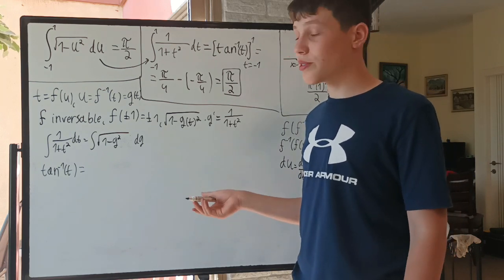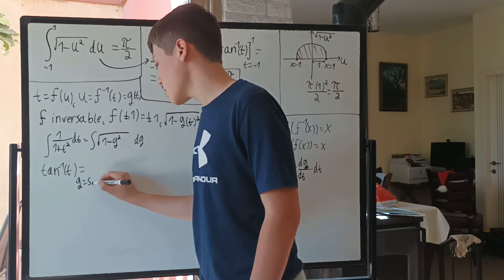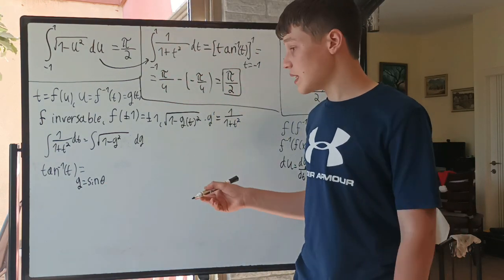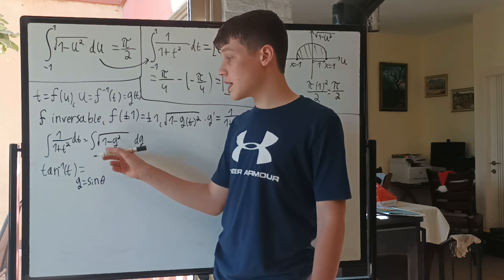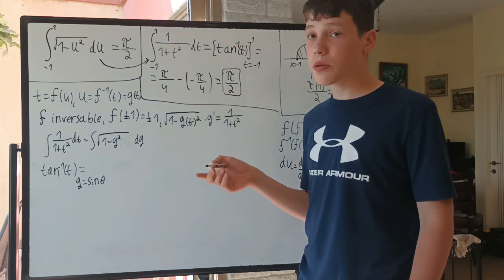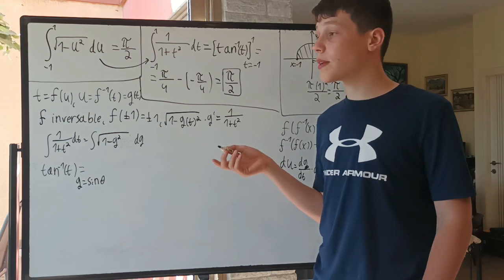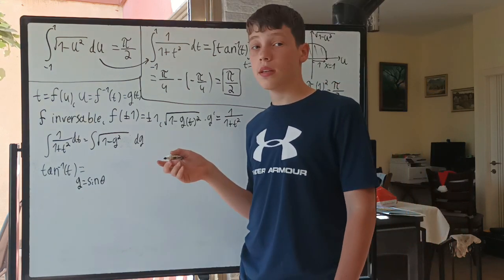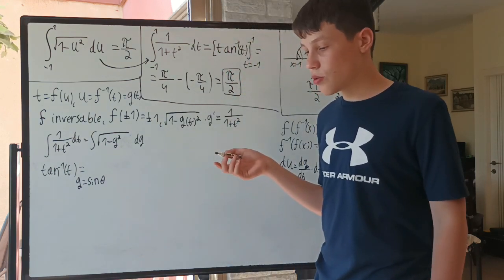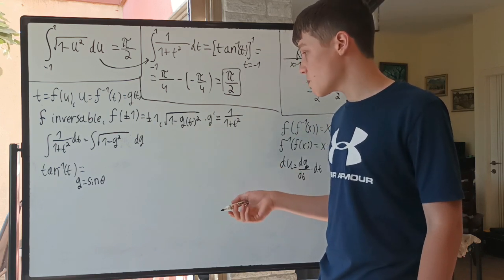I'm going to use a substitution. So let me write g equals sine theta. And by the way, this substitution is valid. Sine theta does not seem like a function that's invertible or 1-to-1, where 1-to-1 is a requirement that a function needs to have for it to be valid in use of a substitution.